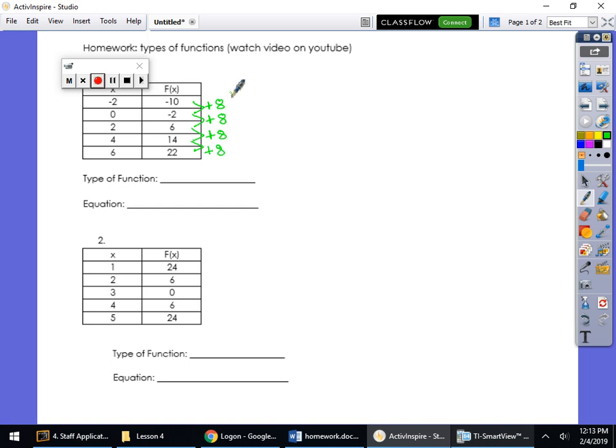So what we notice is that these are all the same. This is our first change. So they're all the same. Since the first change is all the same, we know that this is linear. So our function type is linear.